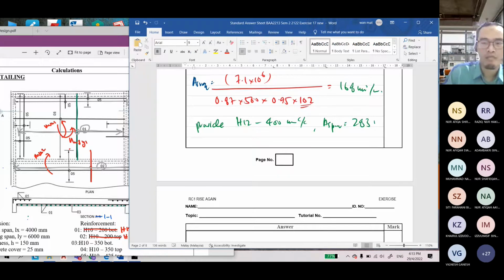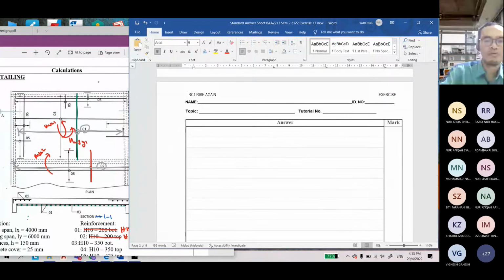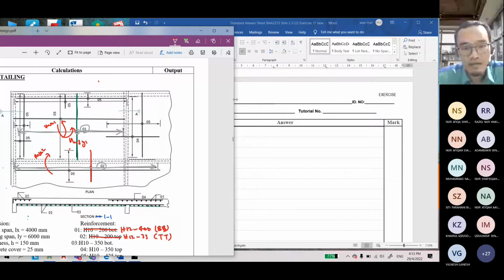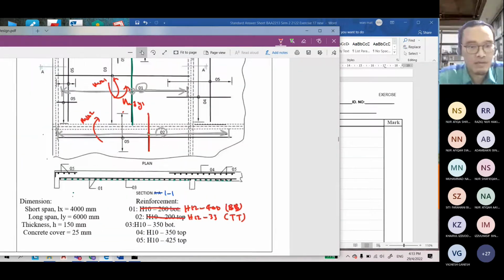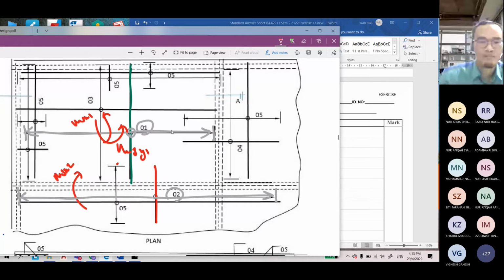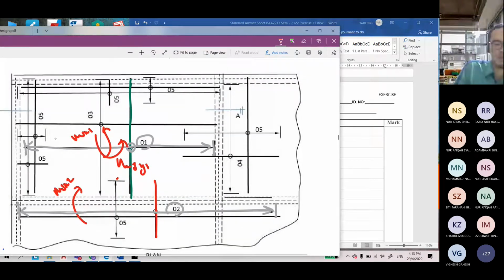Okay, so next, for the detailing, let's say I'm using color. The direction is long direction. So let's say this one. Here is the steel bar that you will install on site, for every 400 mm. So this is how to simplify your drawing.